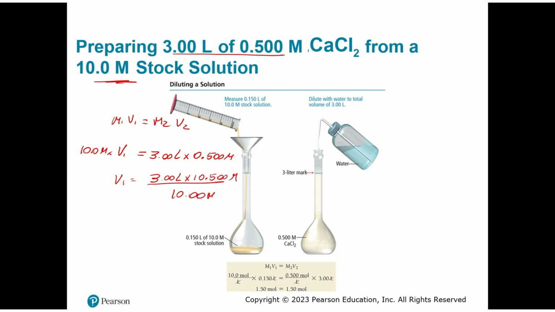Let me erase this because it looks like I have a 1 over here. It's 0.500. So if you divide this, what you're going to have is 0.150 liters of the stock solution. Then we add 0.150 liters of 10 molar stock solution, and you complete with water up to the 3 liter mark.